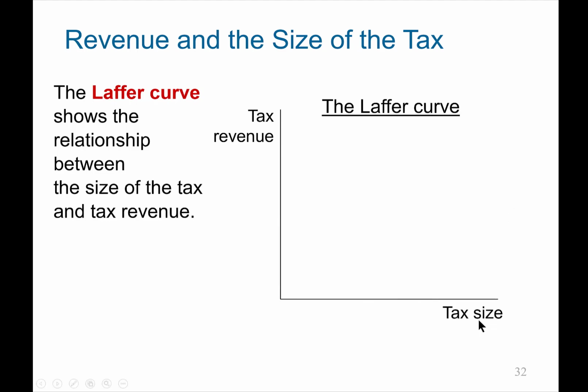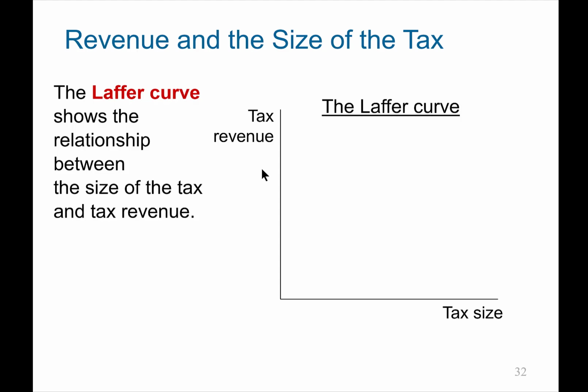So here we have tax size. Here we have tax revenue. Take a moment to understand or to kind of absorb what it is we're talking about: the impact of tax size on tax revenue. And before we even draw it, or before you even look at your slides, even though you've already seen this in the chapter, think about what we just modeled.